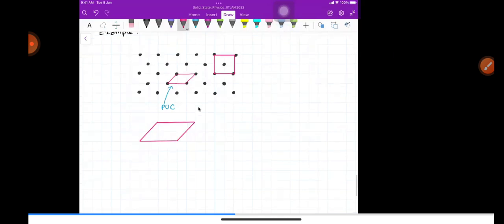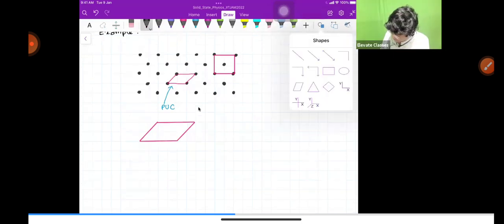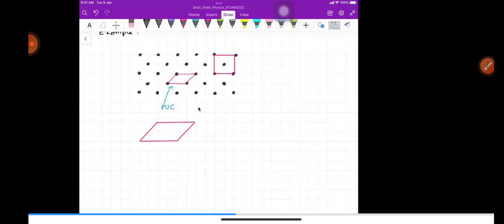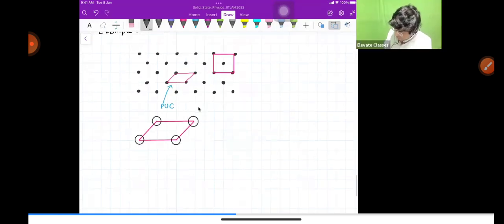Now, if I draw the circles here, okay, this is a zoomed in version.